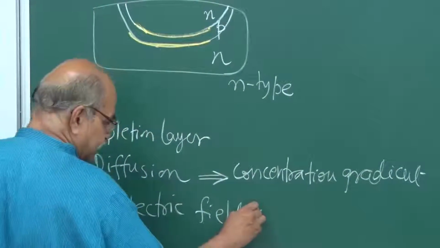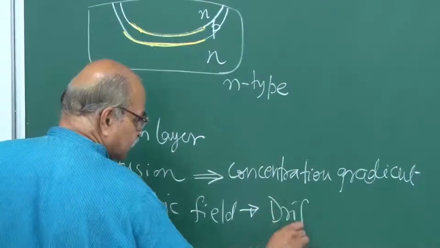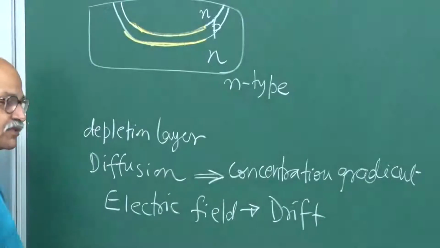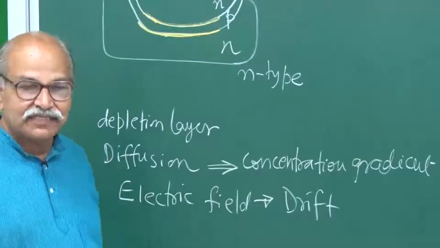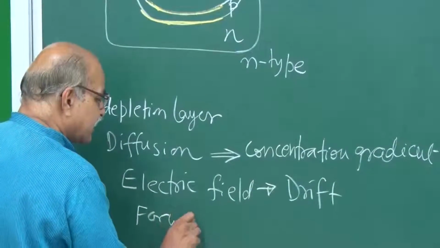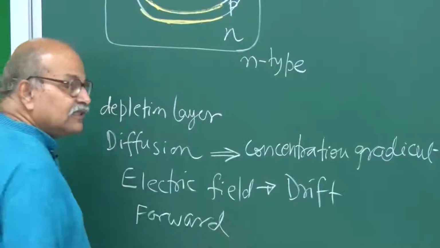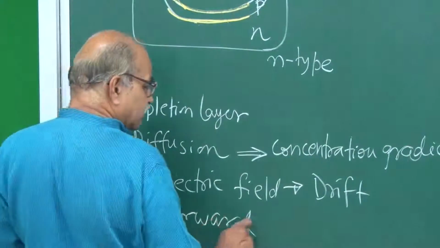And the electric field will give rise to drift current. So drift, all that minority carrier, majority carrier, injection, forward bias, reverse bias, everything is the same, and that's why I had said that if you understand the PN junction, you understand almost everything of semiconductor electronics.